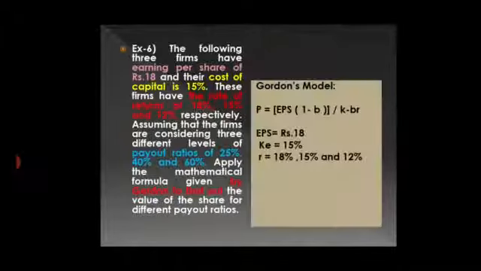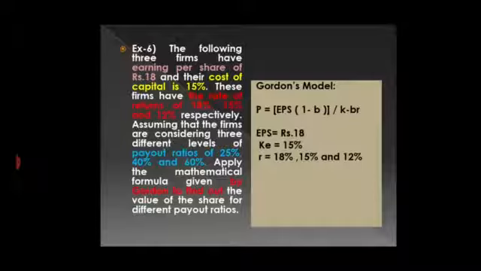And lastly, we are going for the example of Gordon model. The following 3 firms have an earning per share of rupees 18 and their cost of capital is 15%. So EPS is given 18 rupees and K is equal to 15%. These firms have rate of return 18%, 15% and 12%.